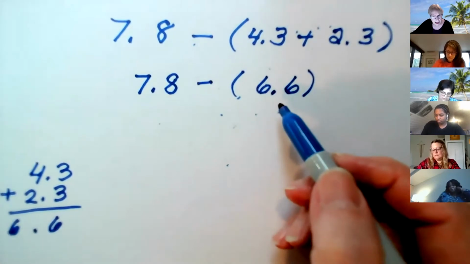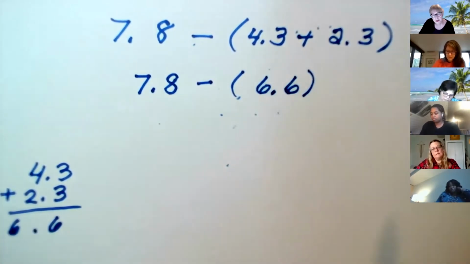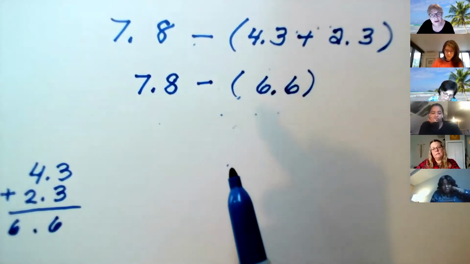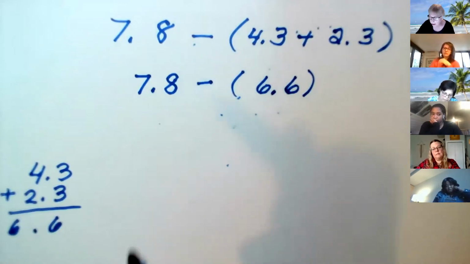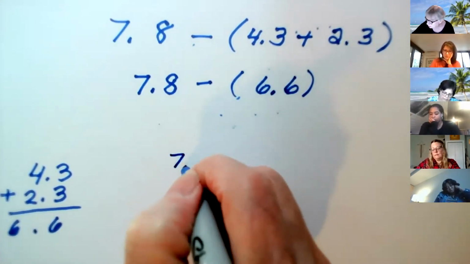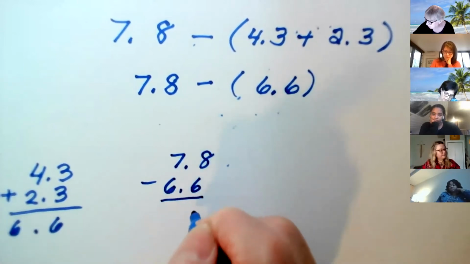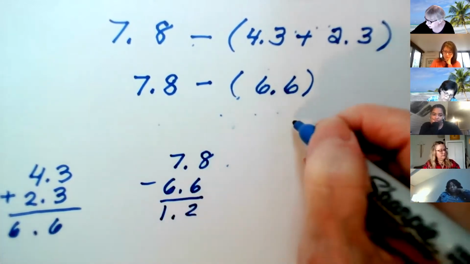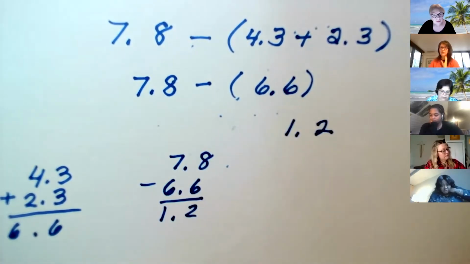This became that. I copied the parentheses, but the truth of the matter is I didn't have to. And so what I'm down to now is this subtracting. And so 7.8 subtract 6.6. Okay. And I'm getting 1.2 or 1 2/10. So they're just going to keep at you. They just don't want you to forget that.